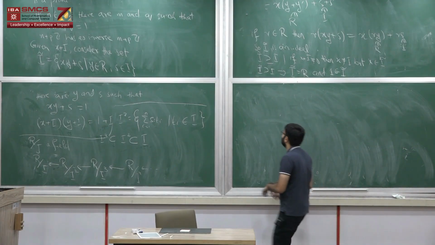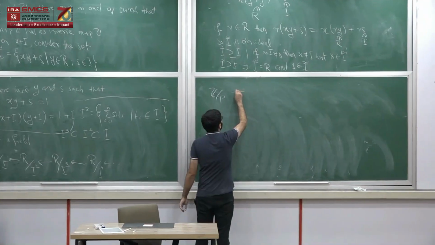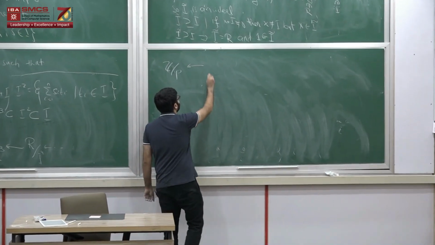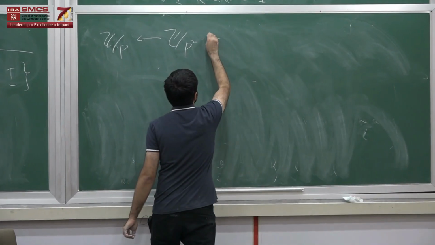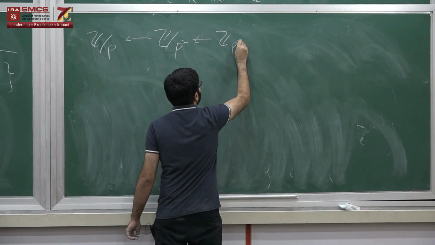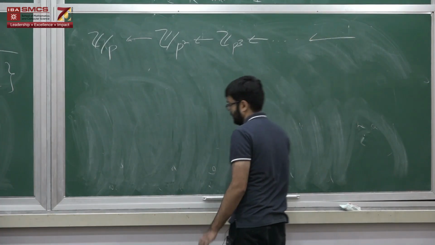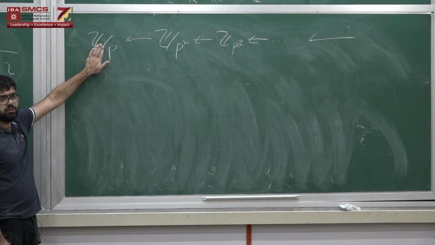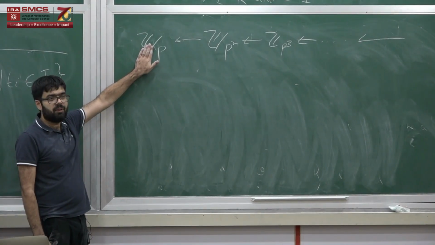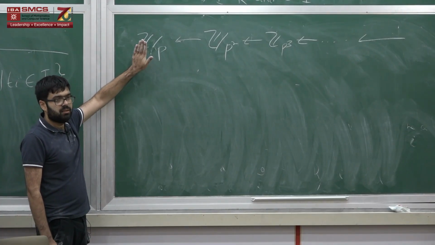So, we had similar inclusions Z mod p, Z mod p square, Z mod p cube and so on. So another way of looking at the distance we defined was, okay, the elements which reduce to non-zero elements here, they have distance from 0 which is 1, right?